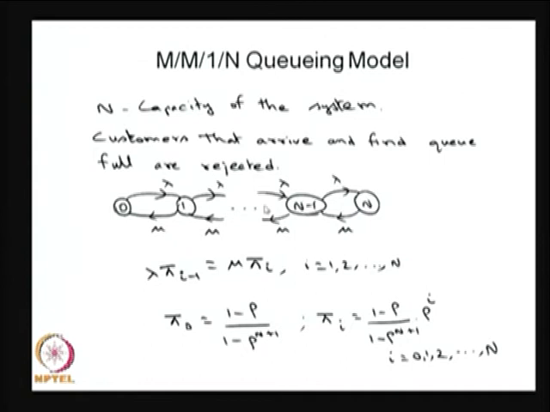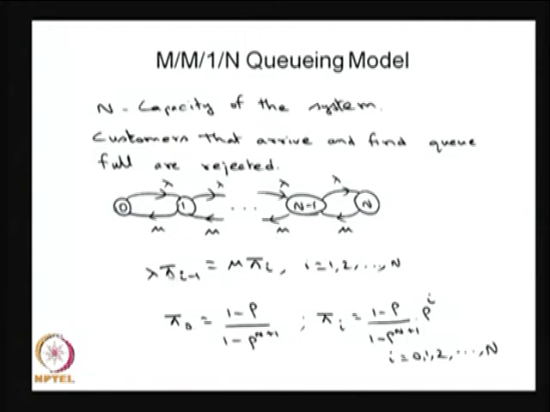This also satisfies what is called the time reversible equation. Therefore, one can use the time reversible property of a birth-death process, so you can find the pi i's easily using the time reversible equation itself. You don't want to use pi Q is equal to 0. Instead of that, you can write the time reversible equation since it is satisfied by all the states.